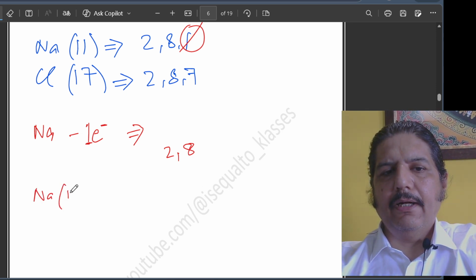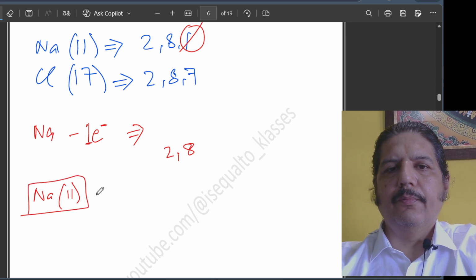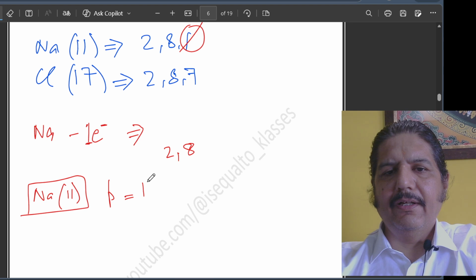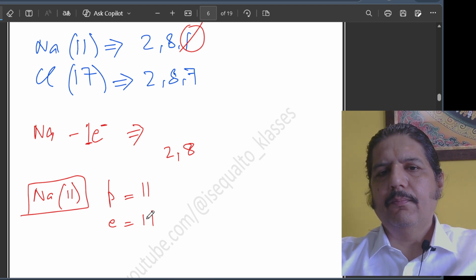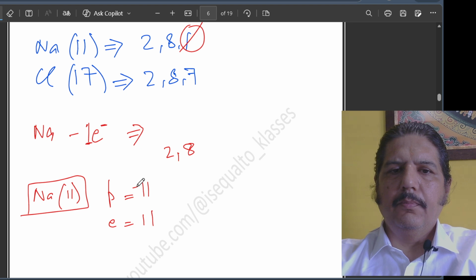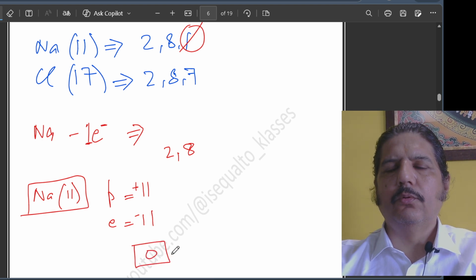When you have a sodium atom, which has atomic number 11, the number of protons is 11. The number of electrons is also 11. So that is why it is neutral. Neutral implies plus 11 charge, minus 11 charge, so the net charge on a sodium atom is 0.